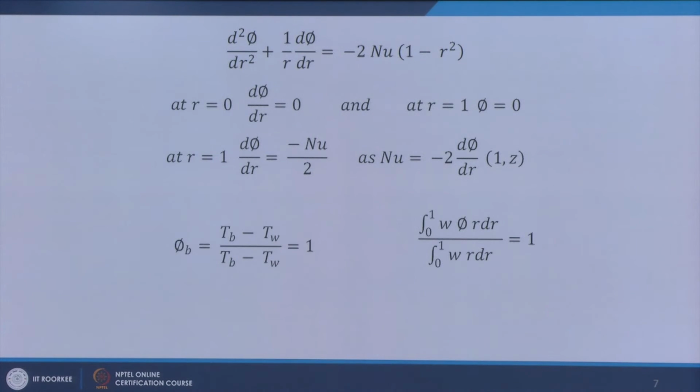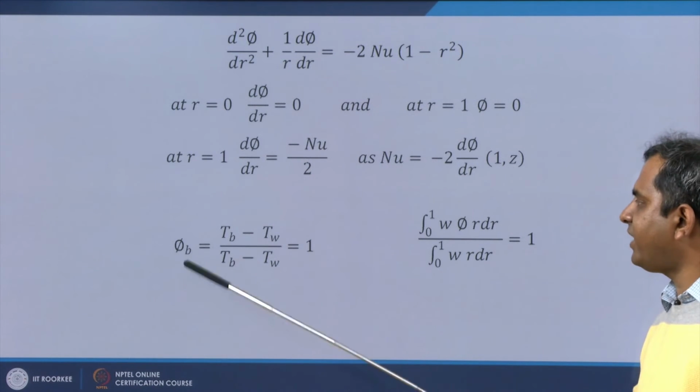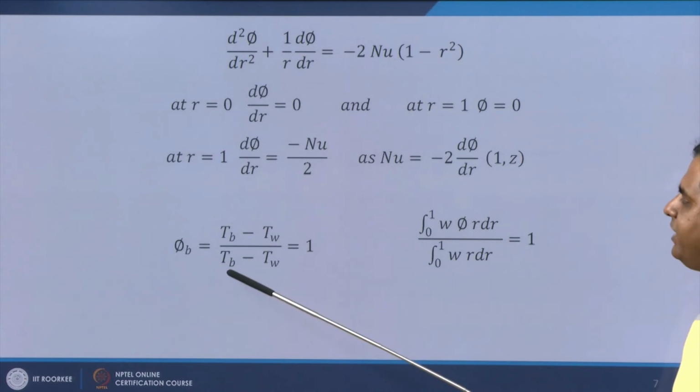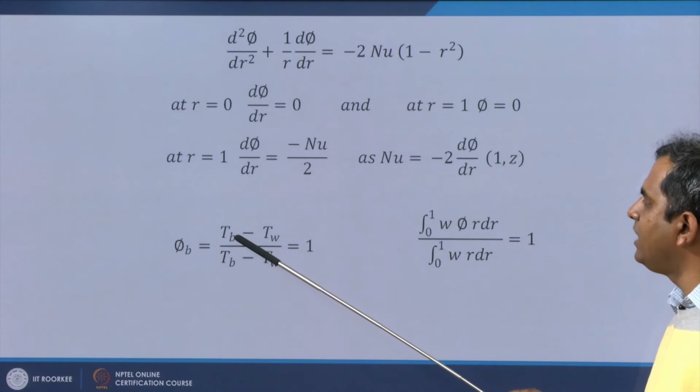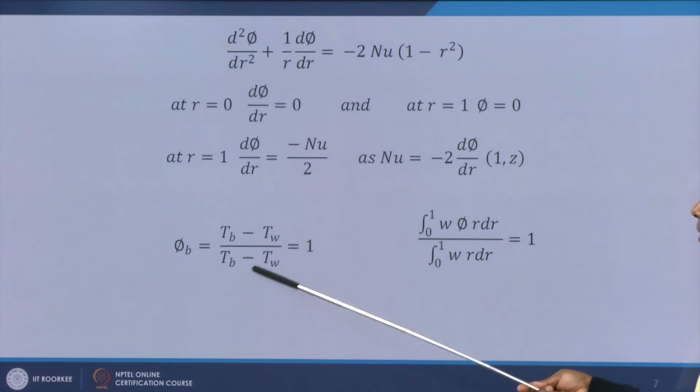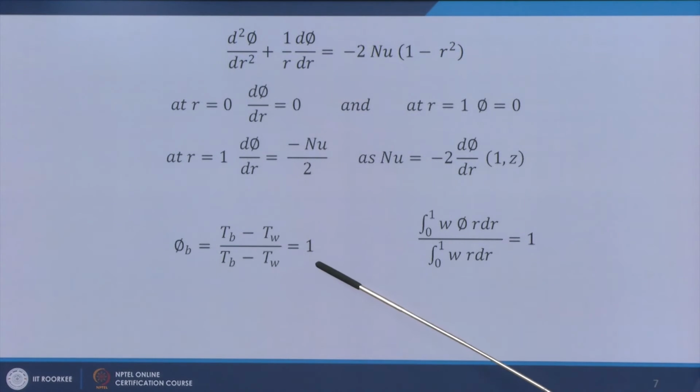Next, let us try to see what is the value of phi b. Already we have defined phi as T minus Tw by Tb minus Tw. So phi b will obviously be Tb minus Tw by Tb minus Tw, which is nothing but equal to 1.